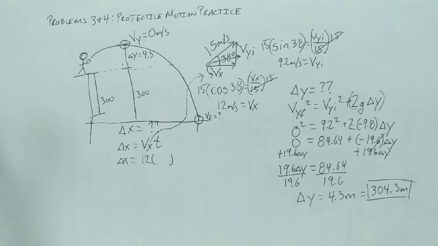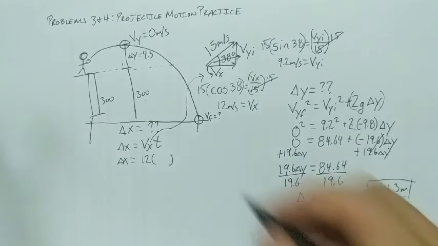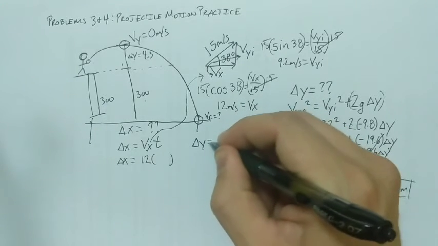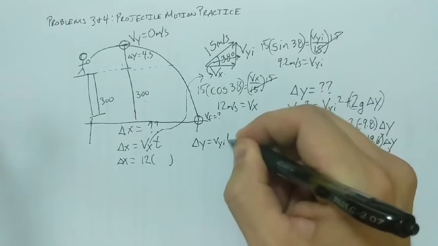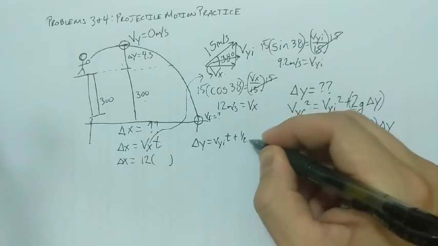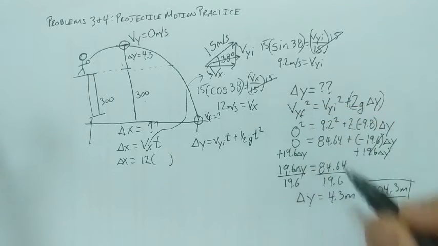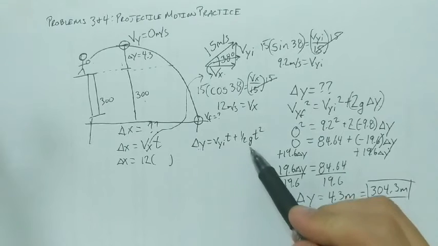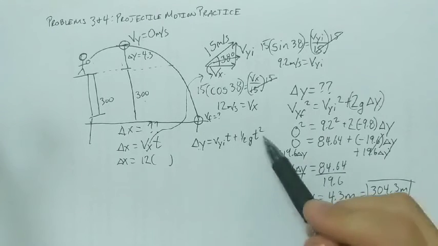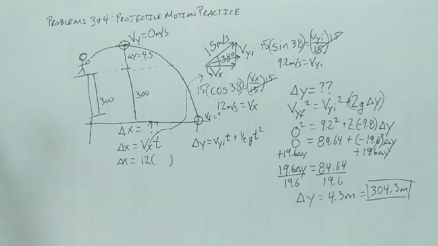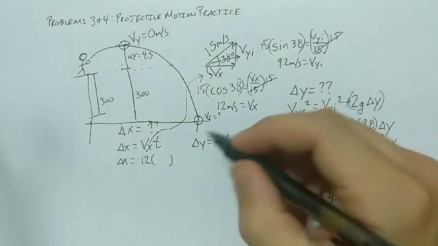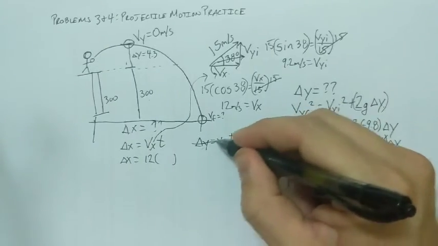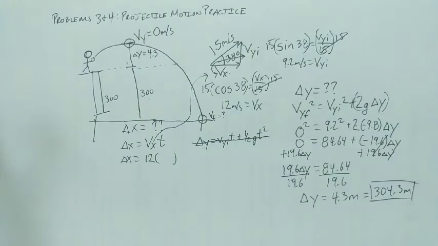I could use the quadratic equation, but the equation delta y equals Vyi t plus 1/2 gt squared. I know delta y, I know Vyi, I know half of g, but that leaves me with 2 different terms of t, and to solve that equation I need the quadratic equation. And at this point in time, I don't want to do that. So this is doable, but I am going to choose a different route.